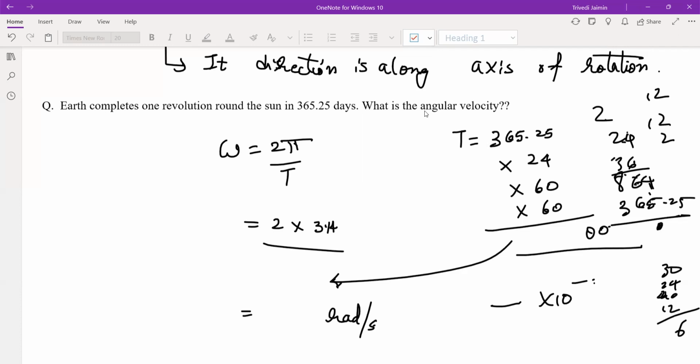Four plus 2, 6. 3, 5, 7. Okay. So it will be 6 here. Then this one, second number. 12, 4, 3.